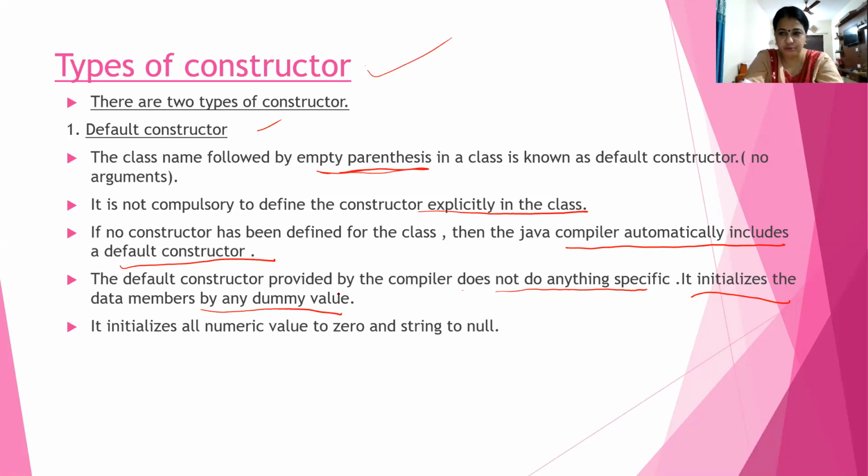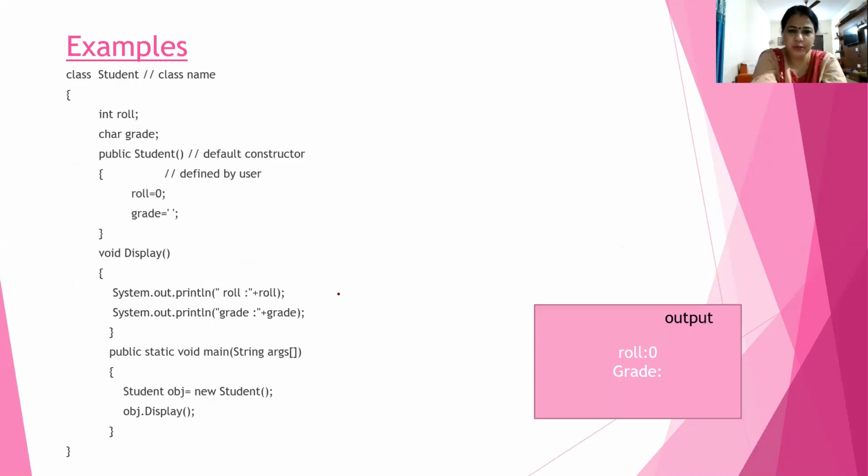So don't be confused by always thinking that only the compiler adds a default constructor. We also can write a default constructor in our program. The constructor is there to initialize the variable, and if the compiler adds a default constructor, it is initialized with a certain dummy value.